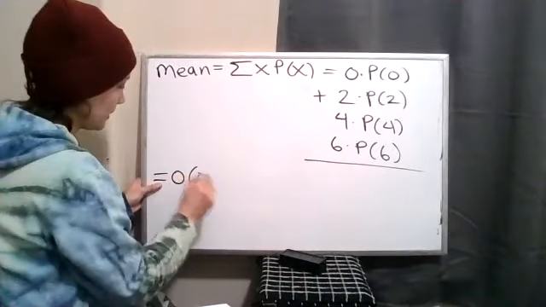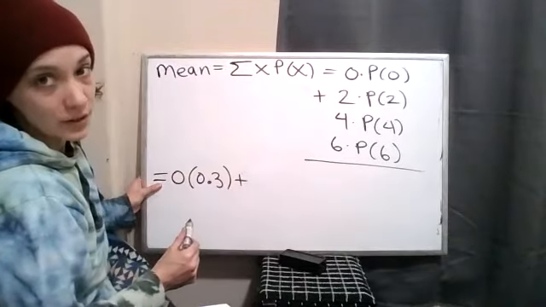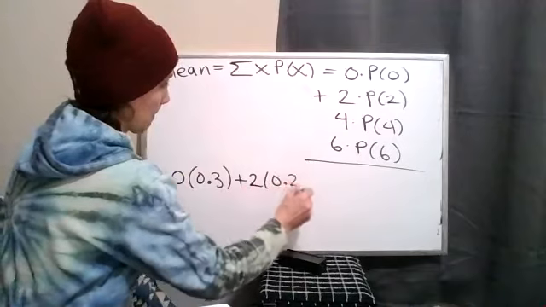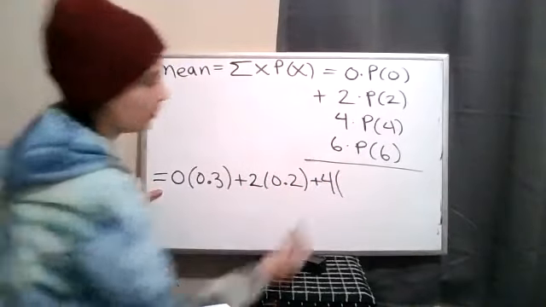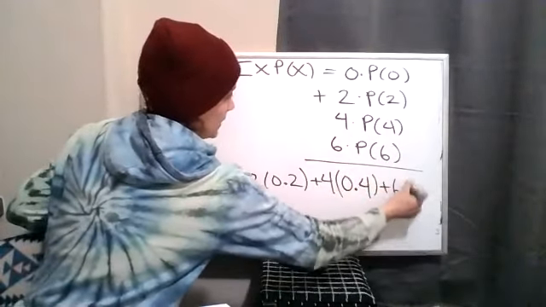Plus 2 times 0.2, 4 times its probability, 0.4, and 6 times 0.1.